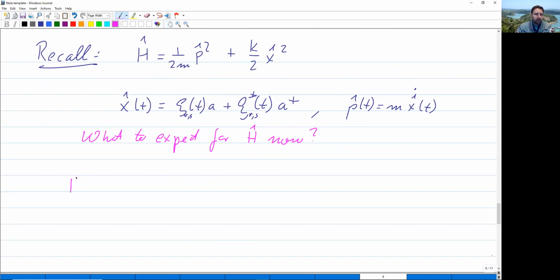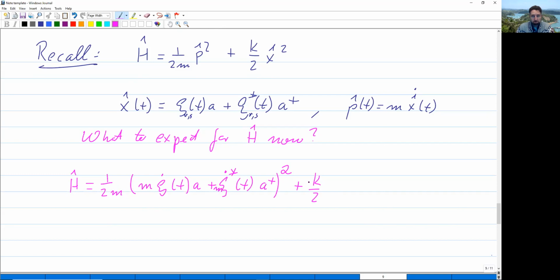Well, what we have to expect is this: h hat is equal to 1 over 2m, and then we have the p hat squared. Now p hat squared, that's m x hat dot. So this is m, and then x hat dot, so this is psi dot of t, a plus psi dot star of t, a dagger, and that needs to be squared, plus k half, and then the x hat squared.